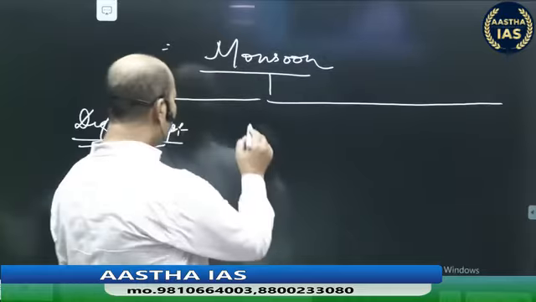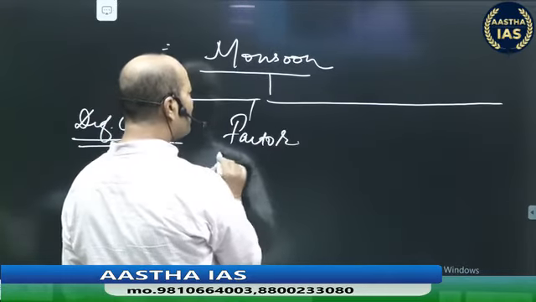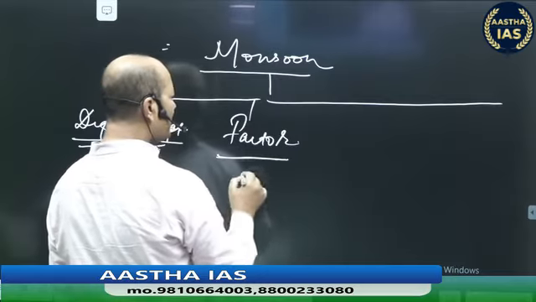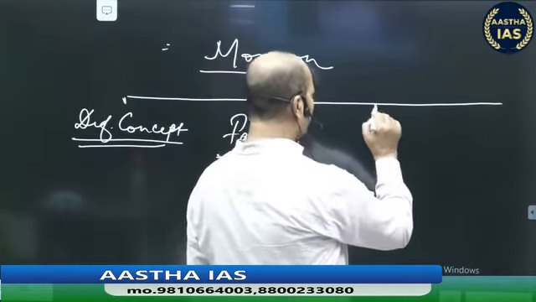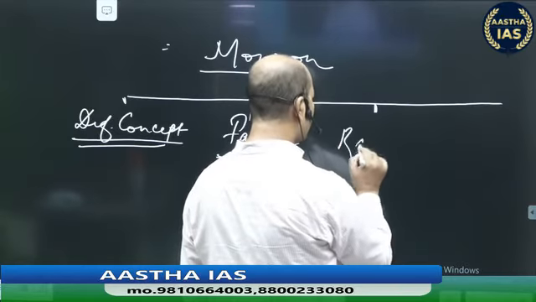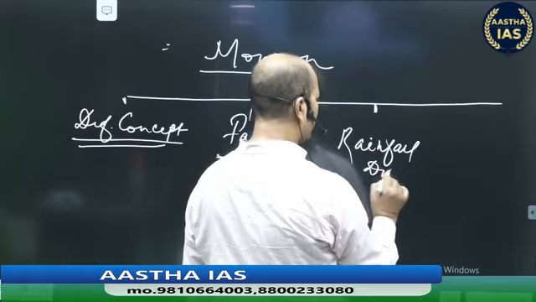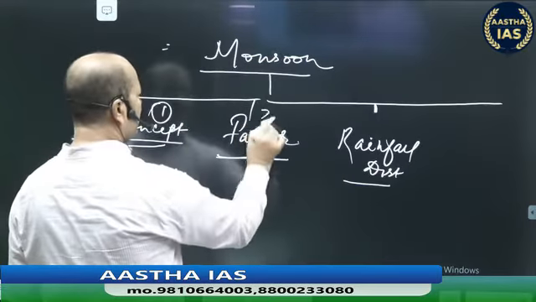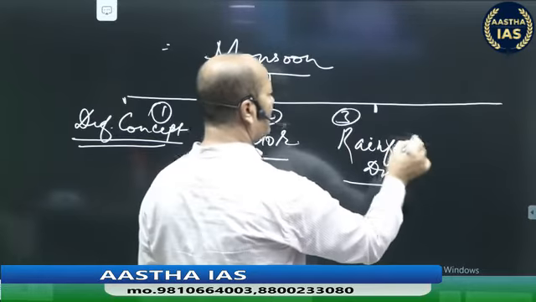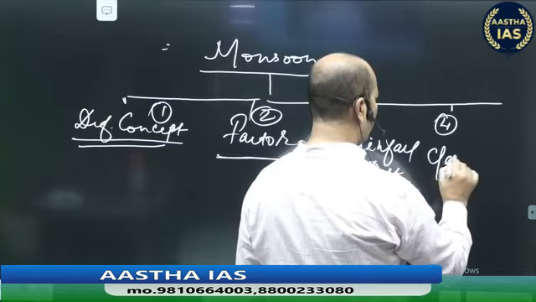The second one is the factors controlling Indian monsoon. We were doing that yesterday. Then the third area was rainfall distribution. Now we have the fourth area, that is the classification of climate.